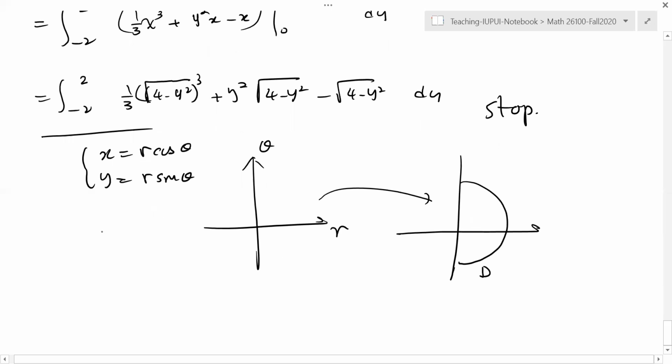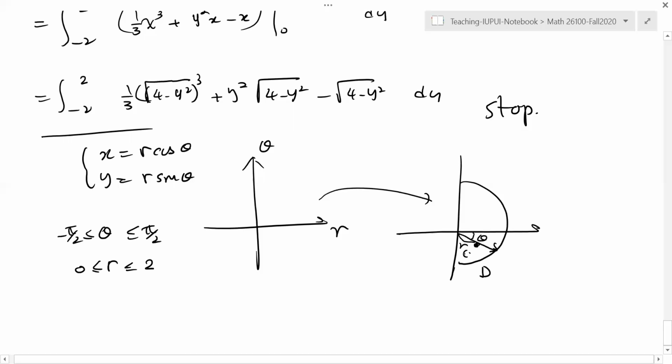Clearly, theta is between negative pi/2 and positive pi/2, because this is the angle theta, which in this case is negative and going around. And r is between 0 and 2.